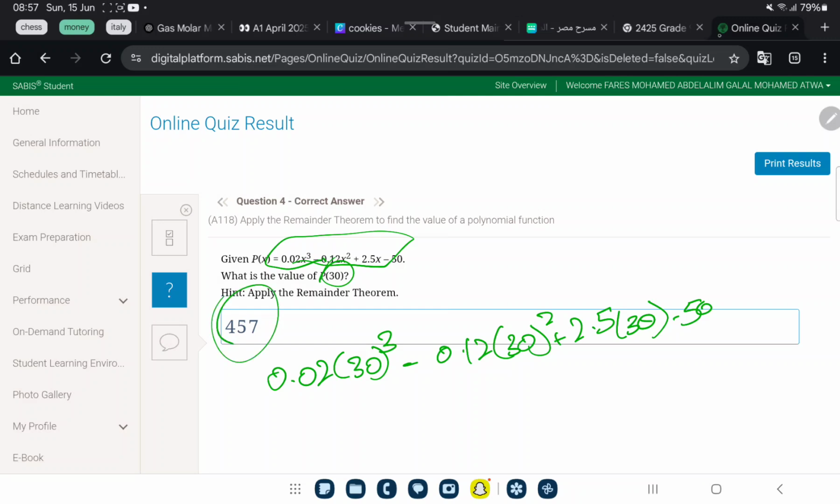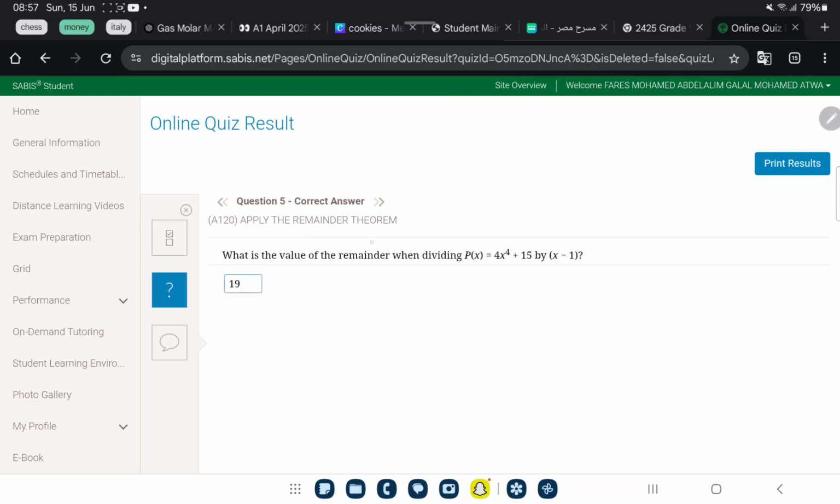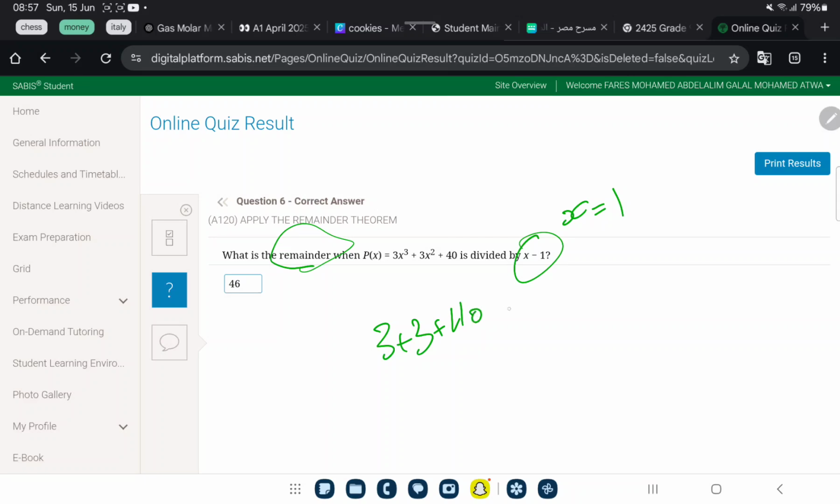That's your answer. Here the value of the remainder, so you just put the root into the equation. Here it's x equals 1, so 4 times 1 plus 15, so 19. That's it. Now you do the same thing. They want the remainder, x equals 1, so 3 plus 3 plus 40, so 46.